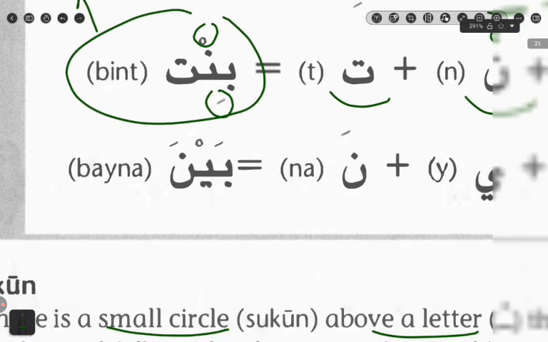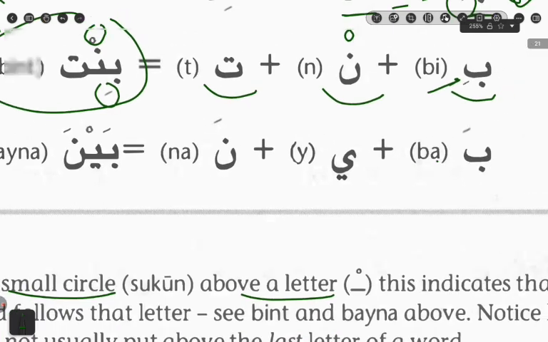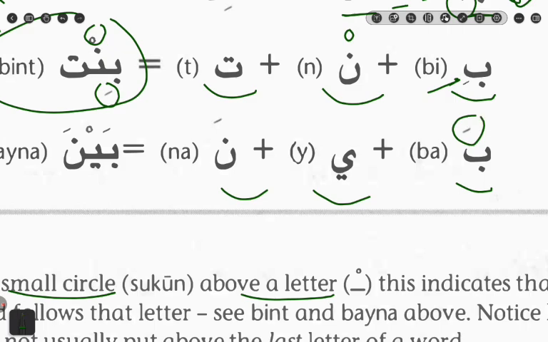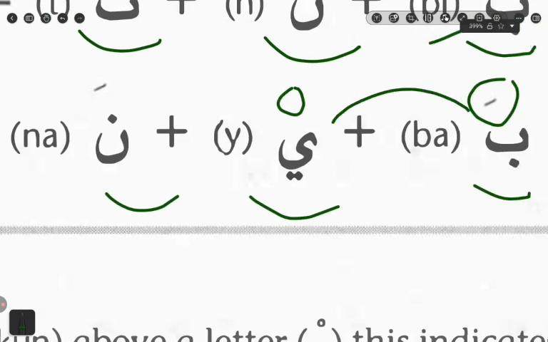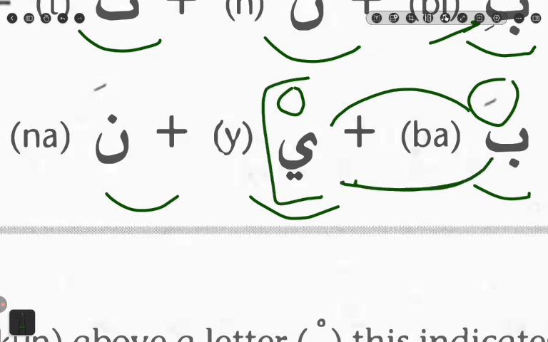Okay, so the second example, here we have ba plus ya plus noon. If we add fatha to ba, it will pronounce it like ba. And then sukoon to ya, so we'll pronounce it like bay. Try to connect between the two pronunciations, bay. There is no vowel for ya.